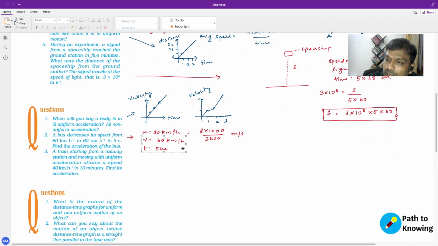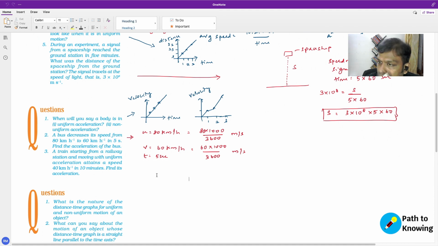Similarly, you can write V as 60. Sorry, this has to be 80, right? So it has to be 60 into 1000 over 3600 meters per second, right? And T is equal to 5 seconds here.